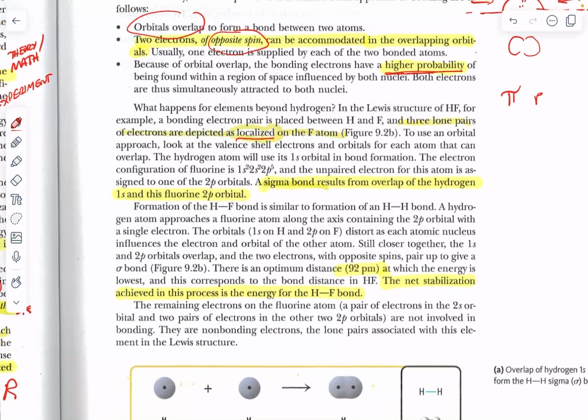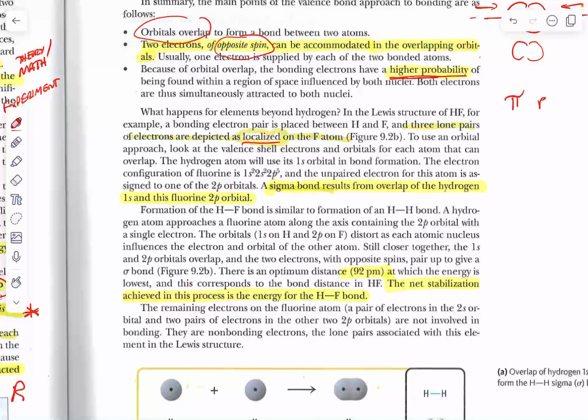Now, what happens with elements beyond hydrogen? As usual, we know hydrogen pretty well, and then it gets a little murky after that. So if we think about hydrogen fluoride, where fluorine is going to have its s orbital and its 3 p orbitals, we can talk about fluorine looking something like this.